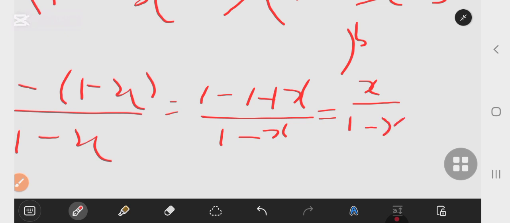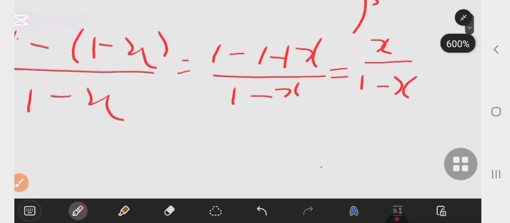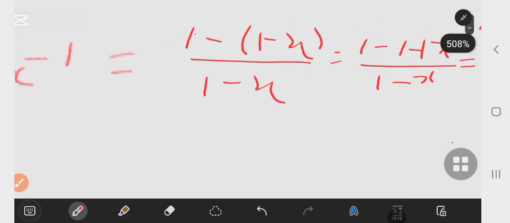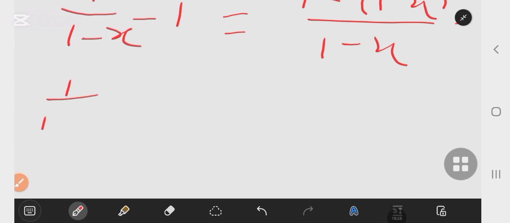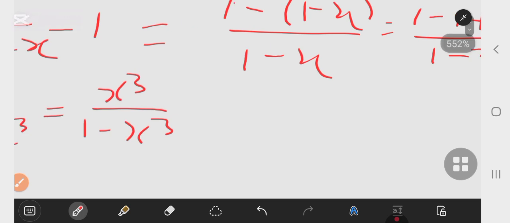So in a similar way, 1 over 1 minus x cubed minus 1 is equal to x to the power of 3 all over 1 minus x cubed.